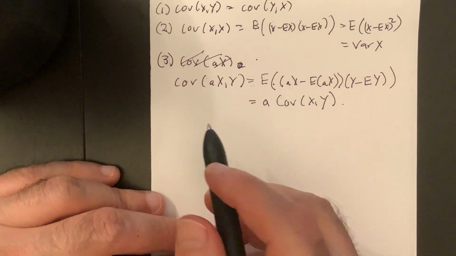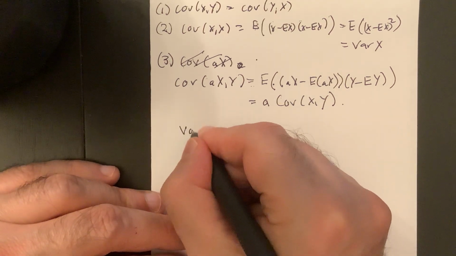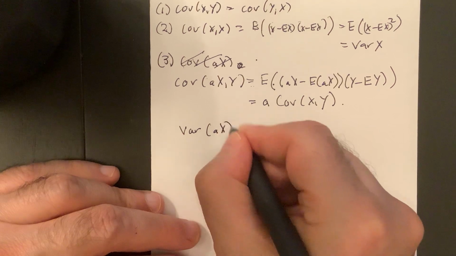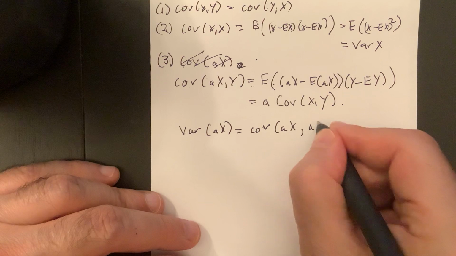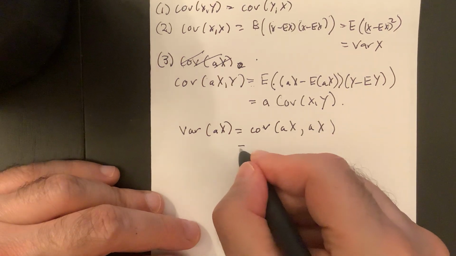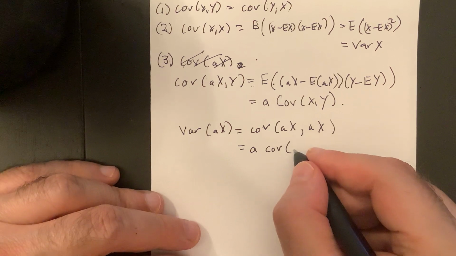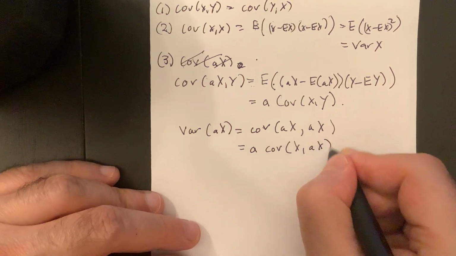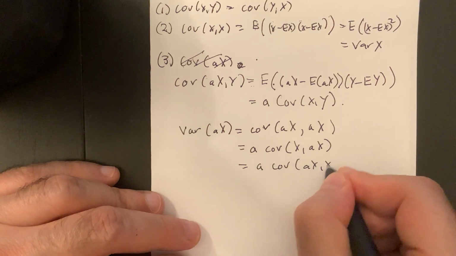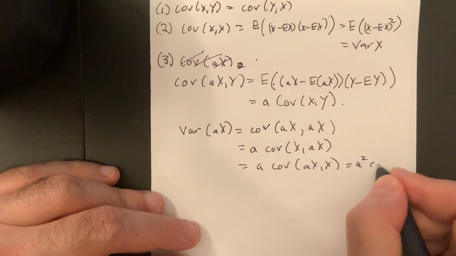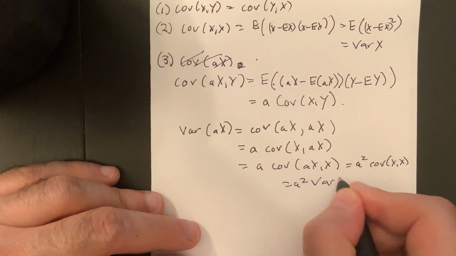If I put this together with 2, we have that the variance of aX equals covariance aX, aX, which is equal to a covariance of X, aX. If I use 1, I really want to be cute, aX, X, I get a squared covariance X with X, a squared variance of X.